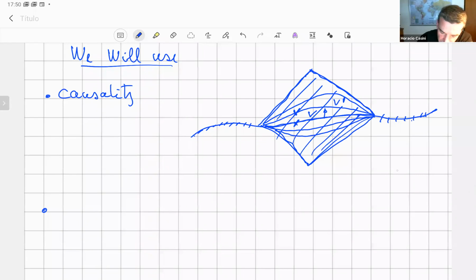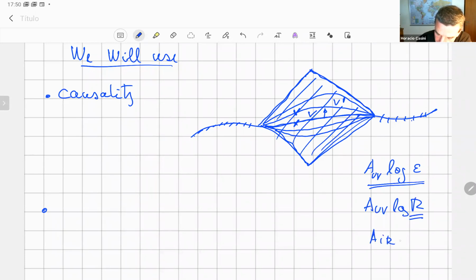Log epsilon will always be multiplied by A ultraviolet because it's divergent. But what changes is log R. So it's for large spheres like this, for short spheres like this. So you have to understand how it moves with R.